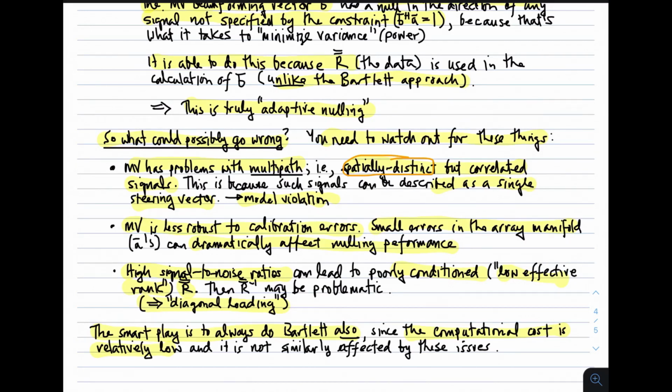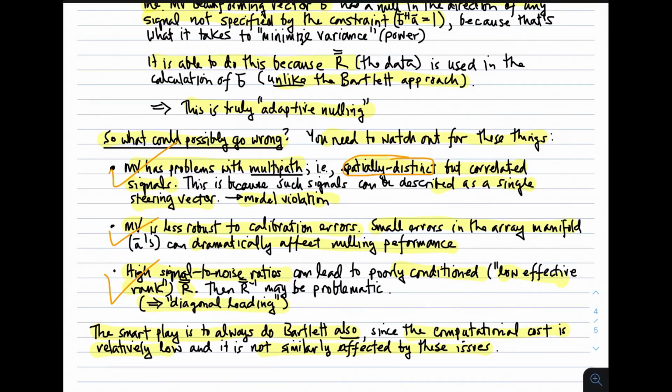And the advantage of Bartlett processing is that even though it's limited in many respects, it's not affected by the same issues as MV processing, namely multipath, sensitivity to calibration errors, and this low effective rank problem. So Bartlett and MV have complementary strengths and weaknesses, and it usually makes sense to do both.